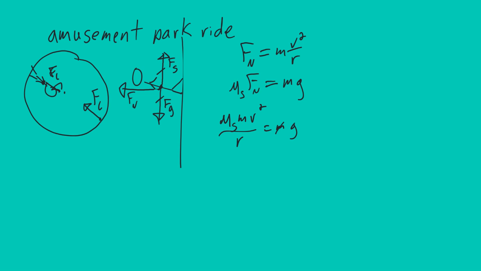Notice we have mass on either side. See how often this goes away? And we want to solve for that velocity. So velocity squared is equal to radius times gravity divided by mu s. And then we'll do the square root. So velocity is equal to the square root of radius times gravity over the mu of static friction.